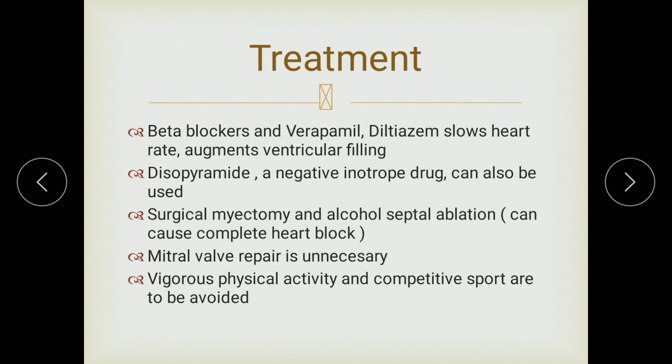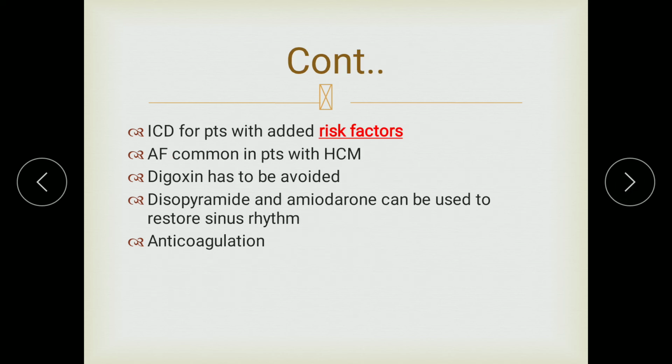Also, these patients should be asked not to involve themselves in vigorous physical activity and competitive sports, which increase the heart rate. An implantable cardioverter defibrillator (ICD) can be added for patients who have added risk factors, and HCM patients are at risk of developing atrial fibrillation because AF is the most common arrhythmia in HCM.